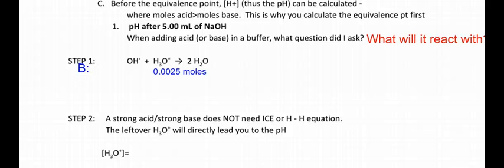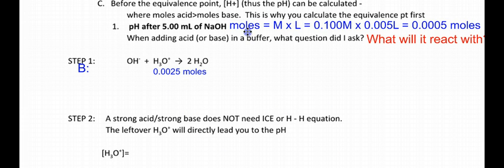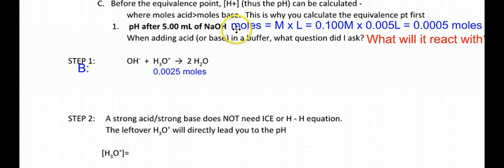And then we are adding a certain amount of base. Now the question is, how much base am I adding? A BCA table has to be in moles, but right now I only know I have 5 mL of it. So I actually need to calculate how many moles of sodium hydroxide I have.